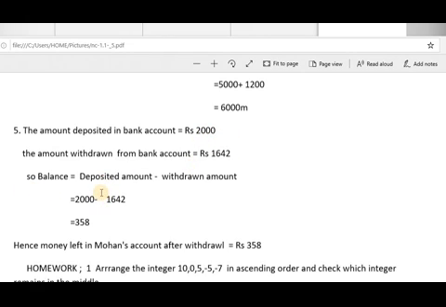So balance equals deposited amount minus withdrawn amount, equals 2000 minus 1642 equals 358. Hence the money left in Mohan's account after withdrawal equals rupees 358. So we can conclude that the money left in the account after withdrawal will be rupees 358.